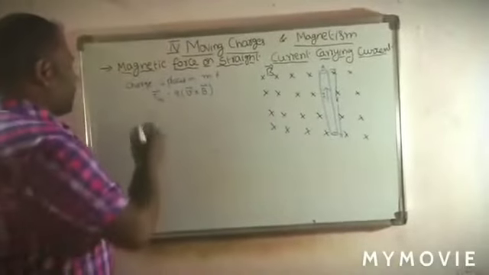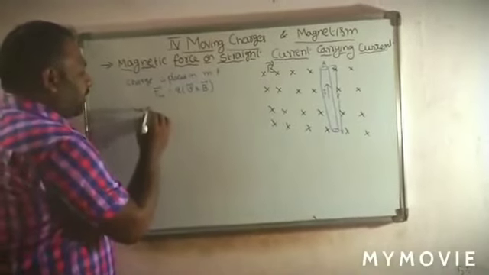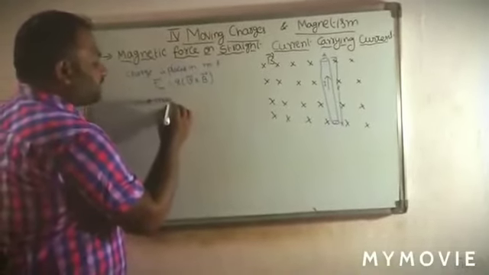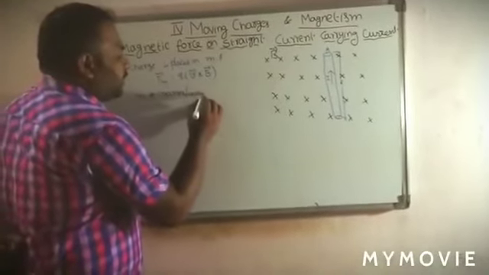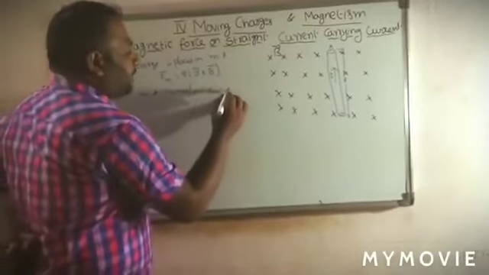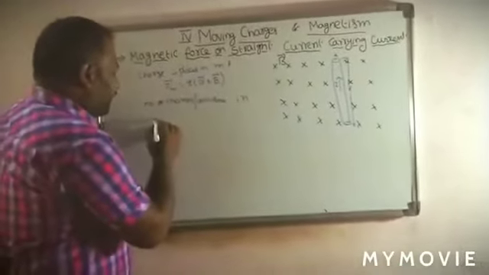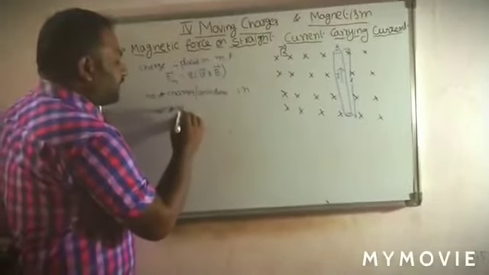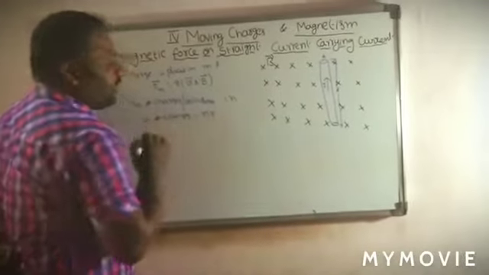So first we take the number of charges per unit volume of the conductor as n. Now the total number of charges in the conductor is equal to n into volume.